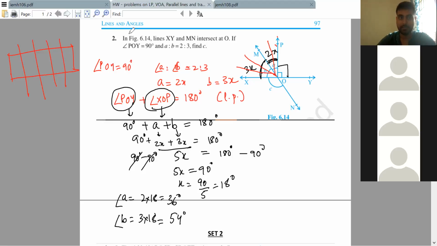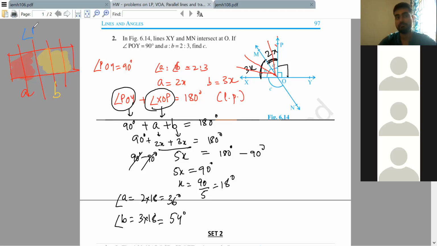I am putting 2 of these parts and calling that A, and 3 of these parts and calling that part B. This kind of fraction division has happened with angle POX. This full thing is my angle POX.